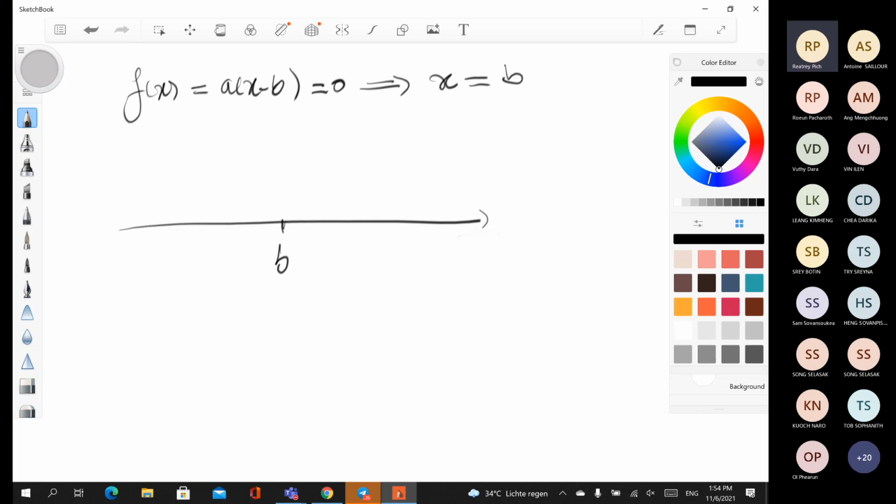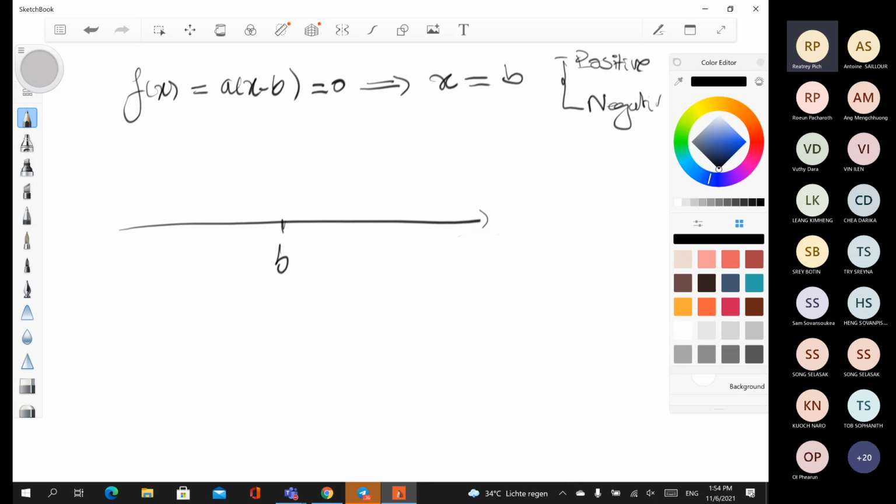For b, you have two options: it can be positive and it can be negative. How does it look when b is positive?